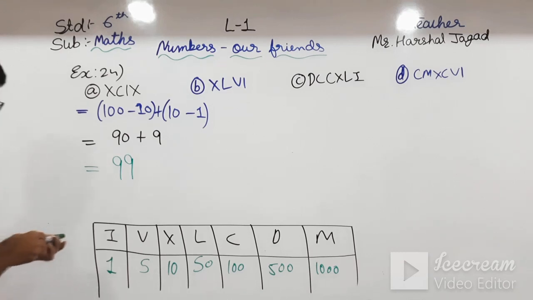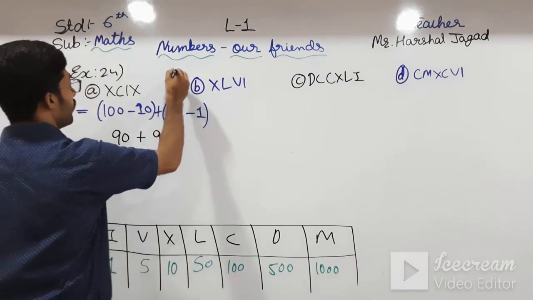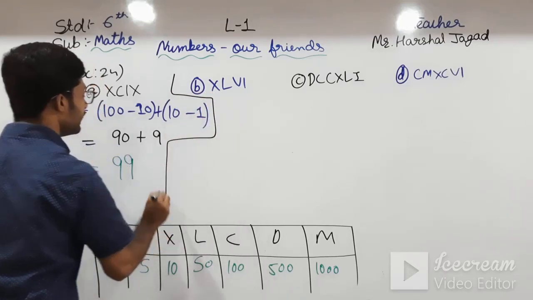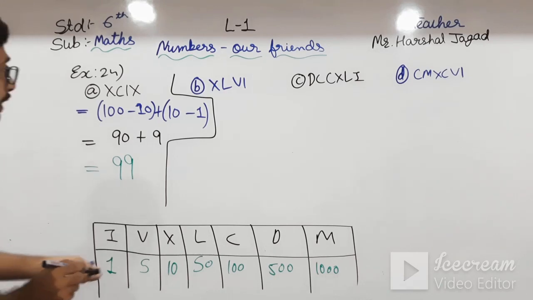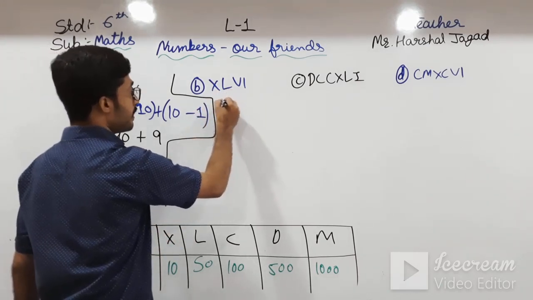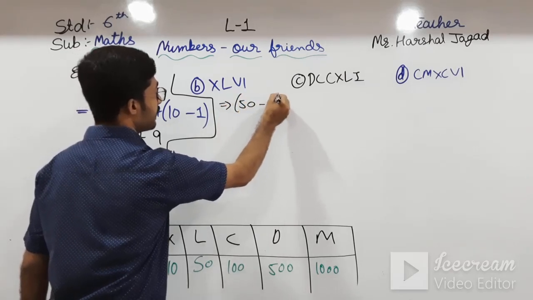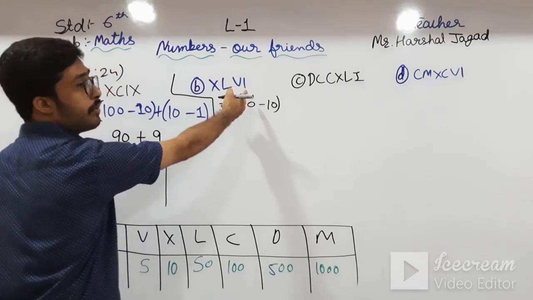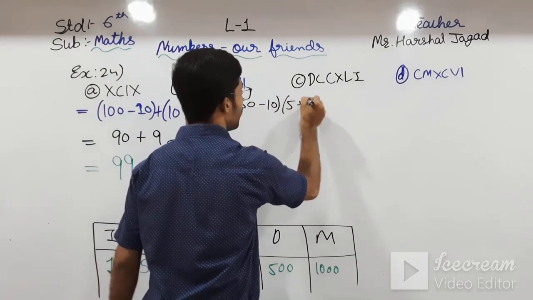Next one, that is B. In B what will come students? Can you tell me? L, X. L is greater, so 50 minus 10, then 5, and on the right side 1, so 5 plus 1.